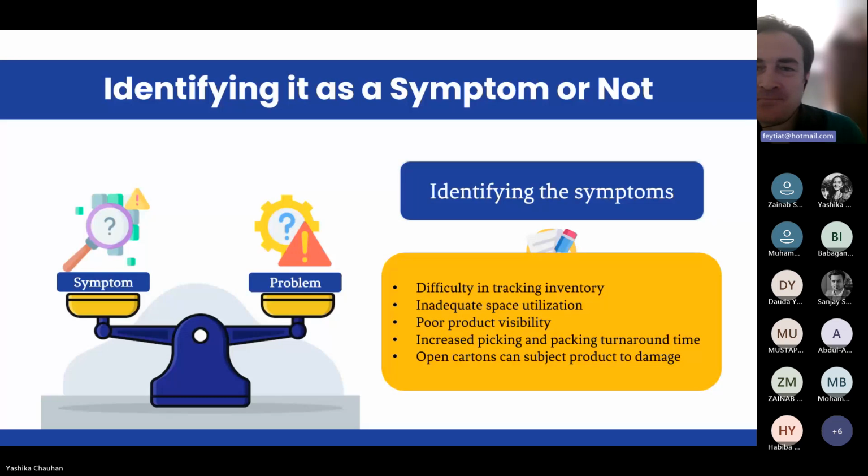Okay, nobody? So why do you believe that these 5 points are symptoms? Are you sure they are not causes, intermediary causes or root causes?